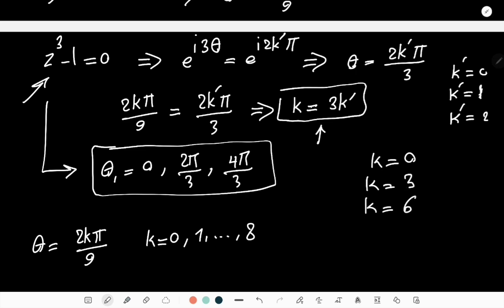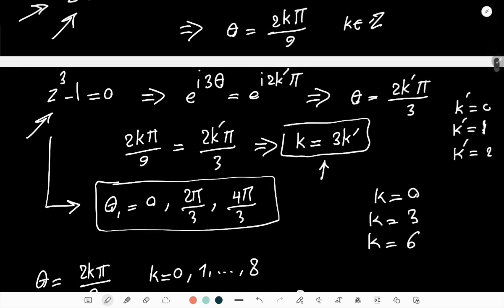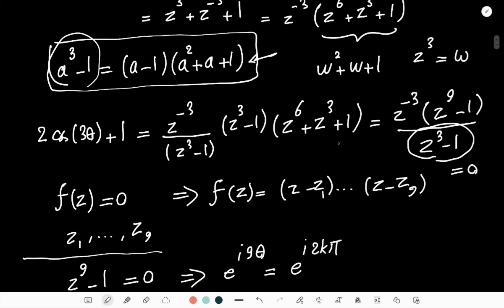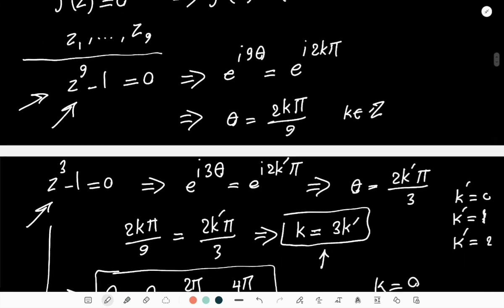So I have to exclude those. What remains for me is 1, 2, 4, 5, 7, and 8. So these are 6 different values for k, which makes sense because originally this expression was of order 6. So it can have maximum 6 roots. So let's find those roots now.